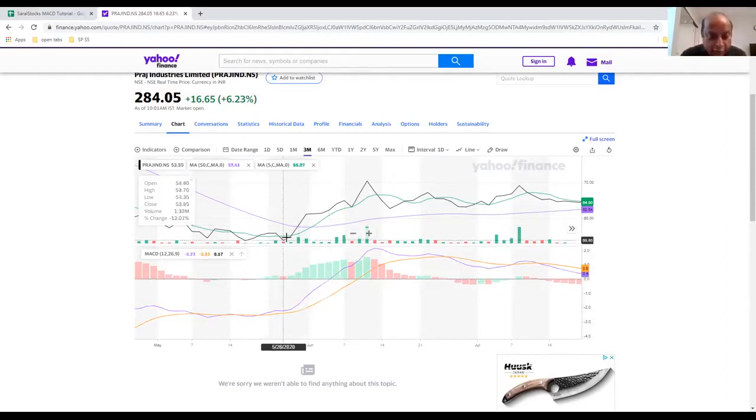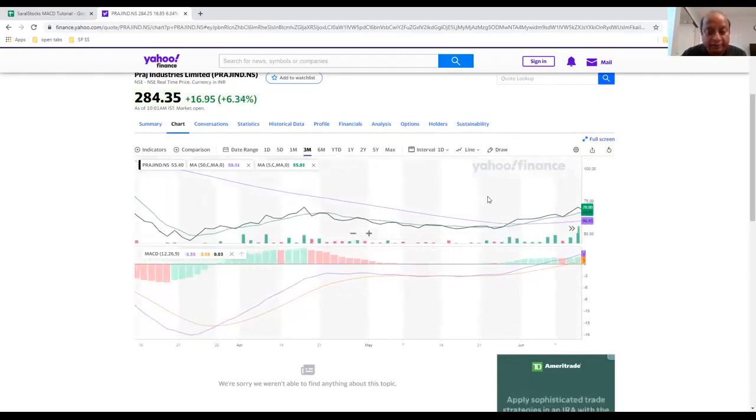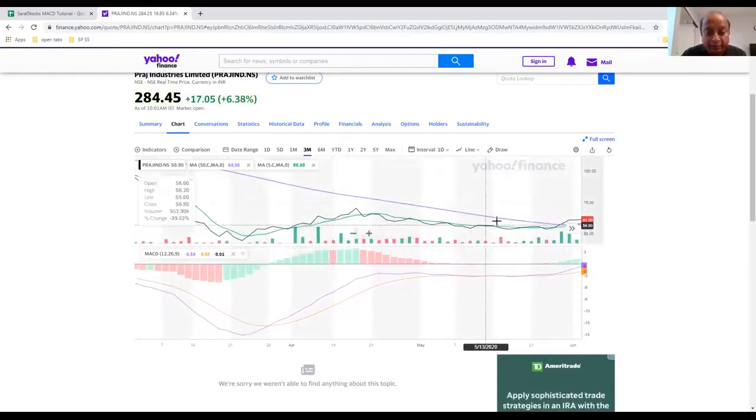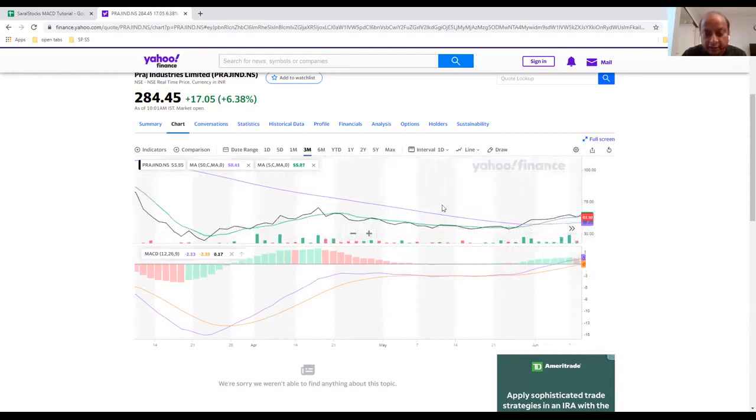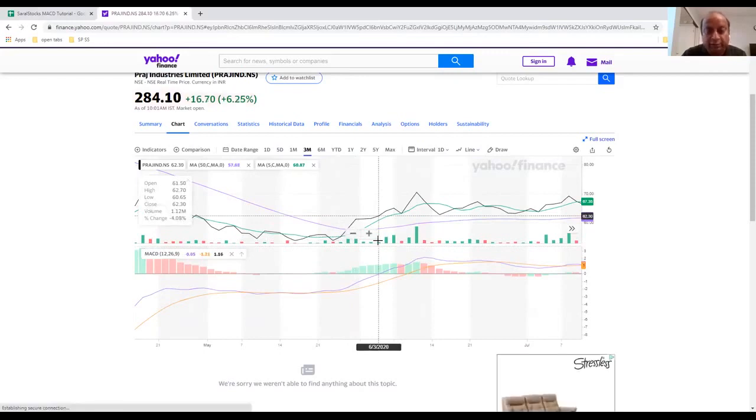So you're always going to lose some of the gain that you would have got here if you somehow knew ahead of time that the trend is changing. But if you look at the previous trend, it's almost impossible to detect a trend here that is going up. In fact, it's going downtrend in this manner. But at this point here, the trend has been established to be a positive trend.